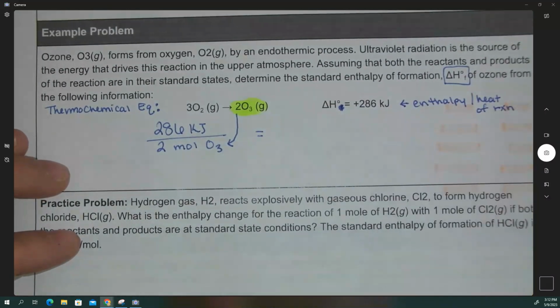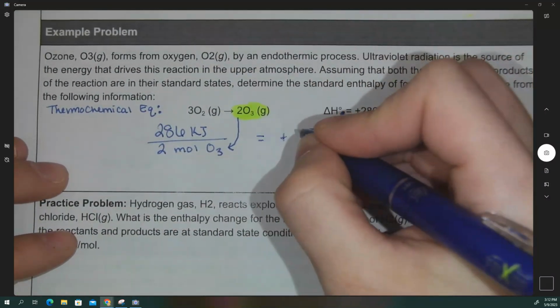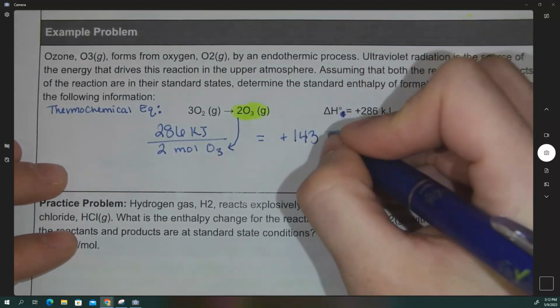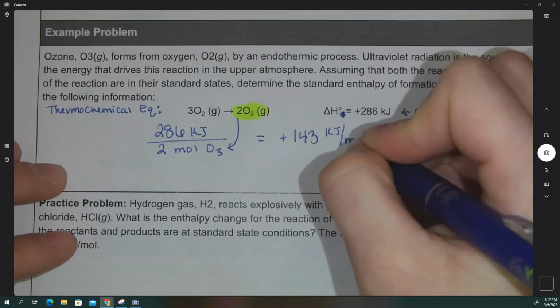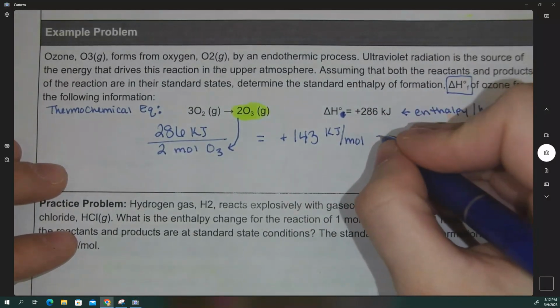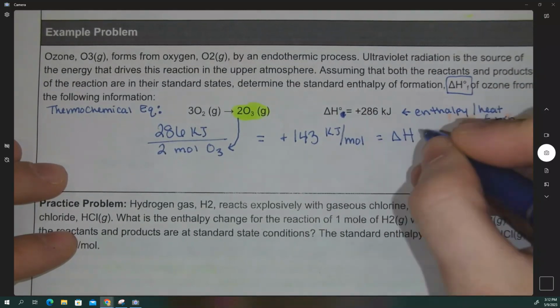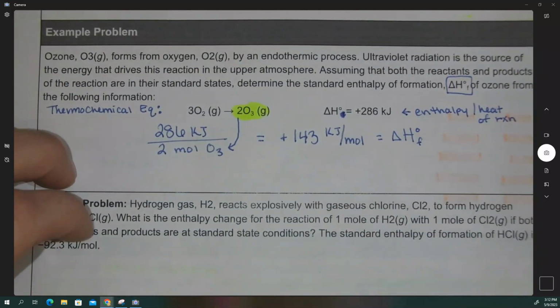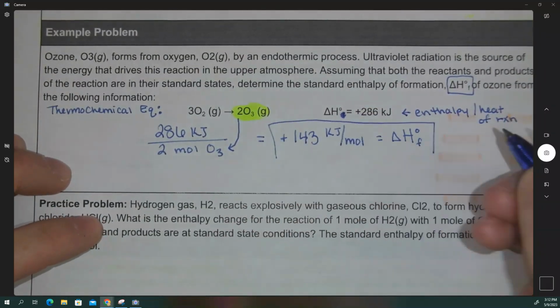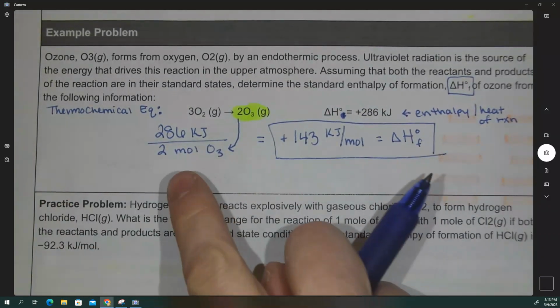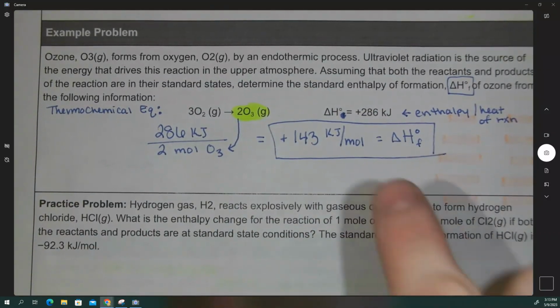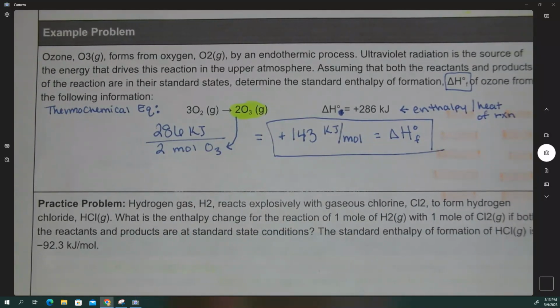And when we do that, we end up getting a positive 143 kilojoules per mole being our enthalpy of formation of ozone. Remember, it's for 1 mole. That's why we have to convert it to 1 by dividing by the coefficient of 2. Okay.